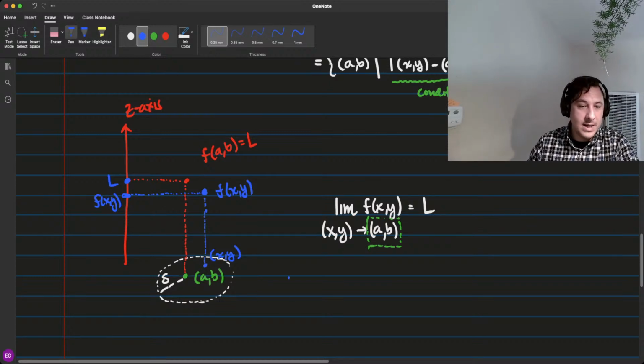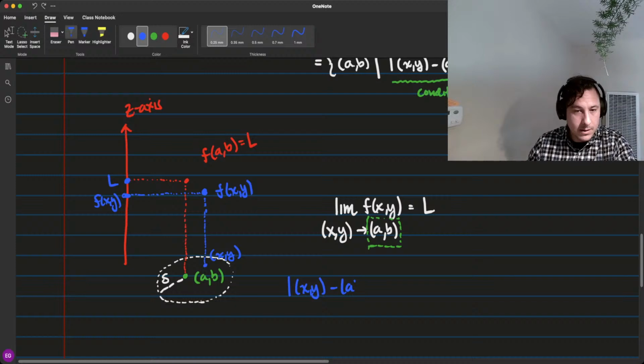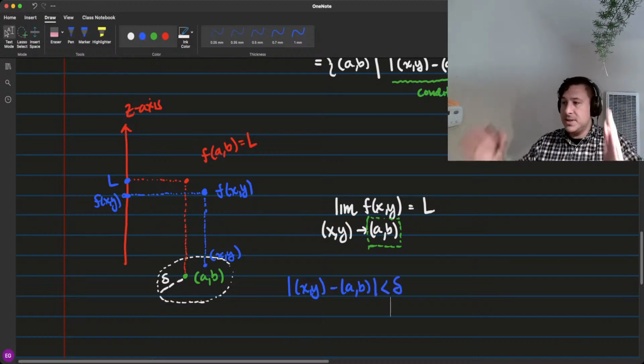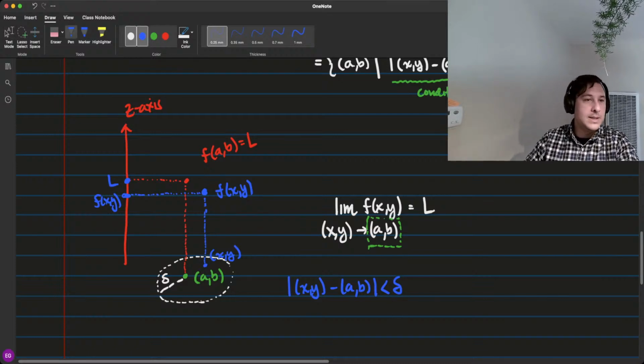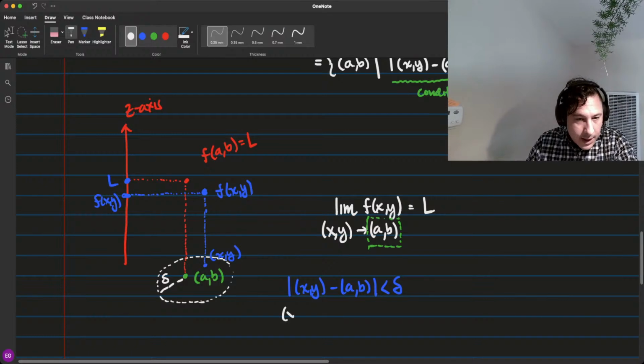The first part of the statement tells you, well, xy is close to AB. That's what the absolute value of xy minus AB less than delta tells you. This is telling you that xy is close to AB.